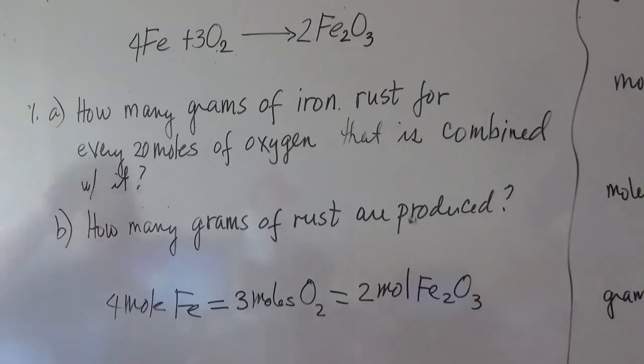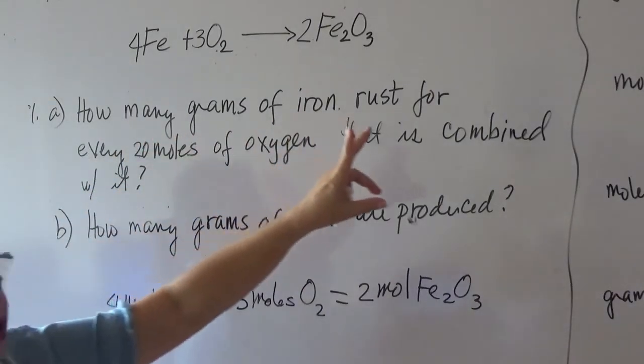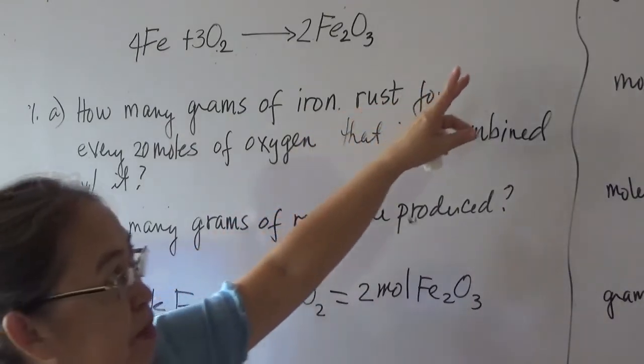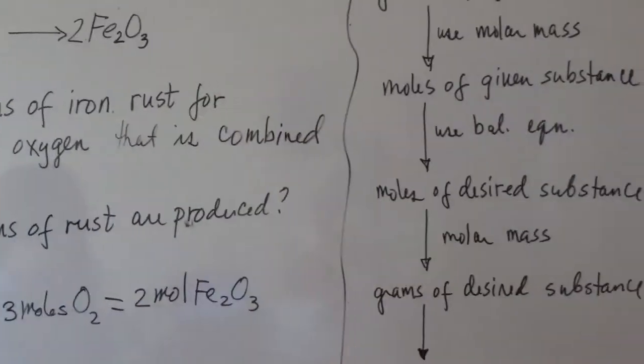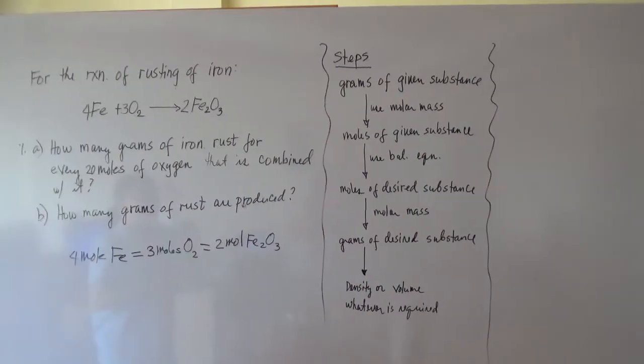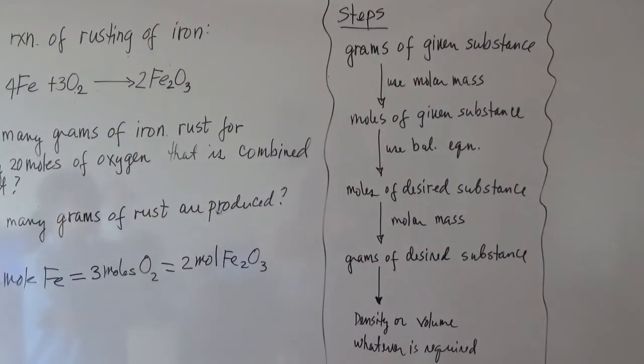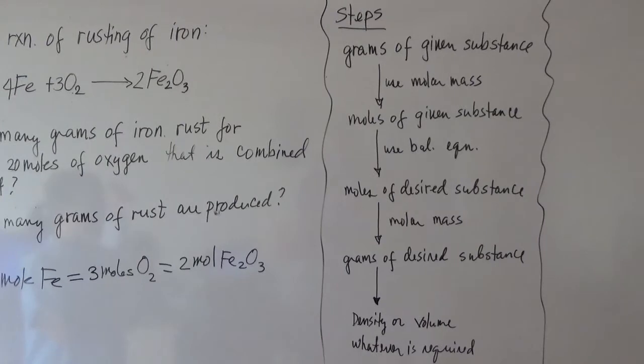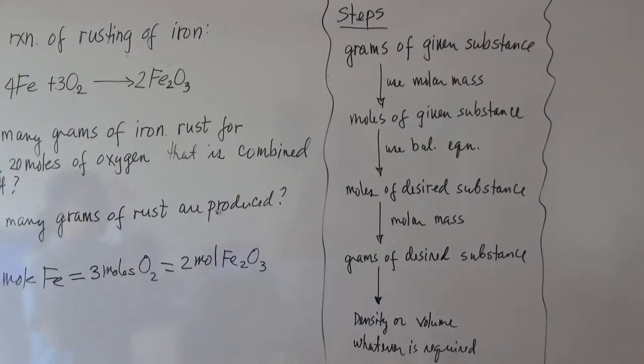So we have here 2 problems, but before we start, for a stoichiometric problem, these are the basic steps on how to do it. First, if the given is in grams of the given substance, then first you're going to convert it to moles.